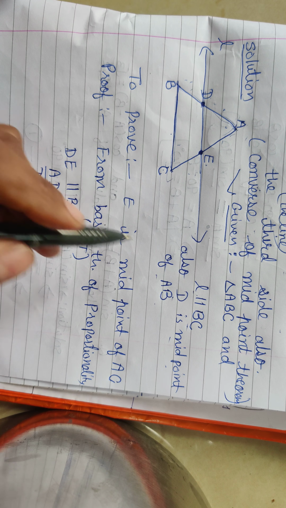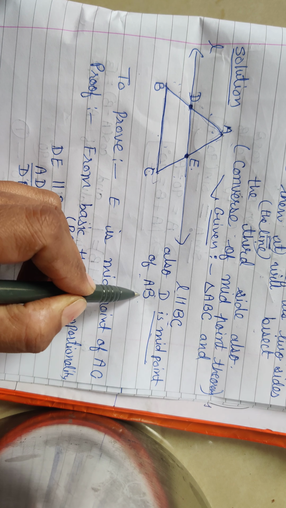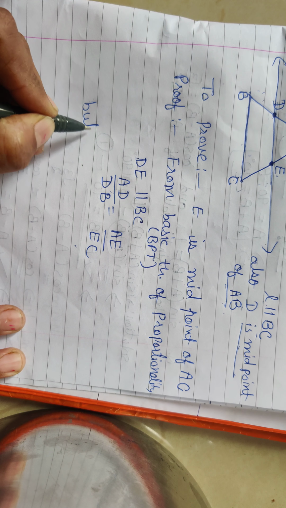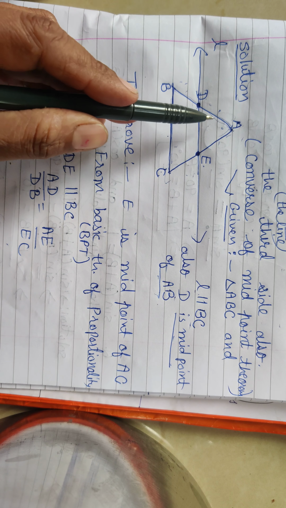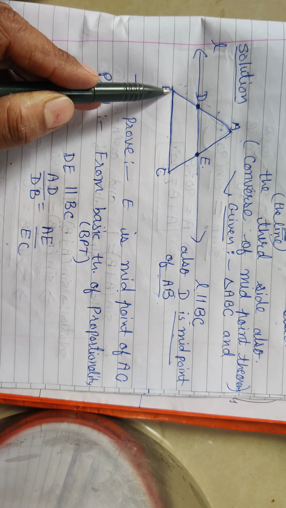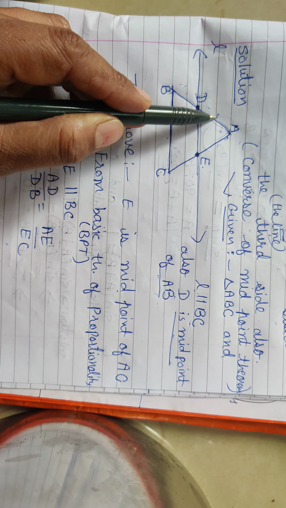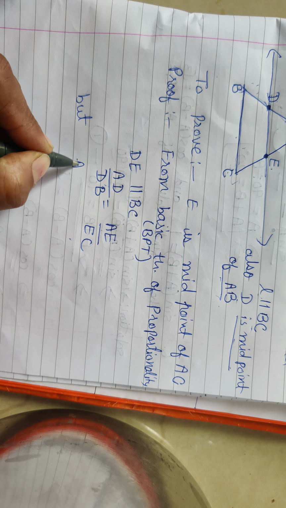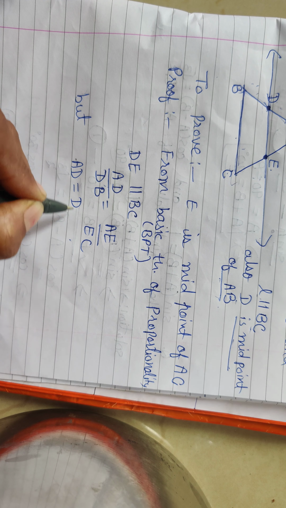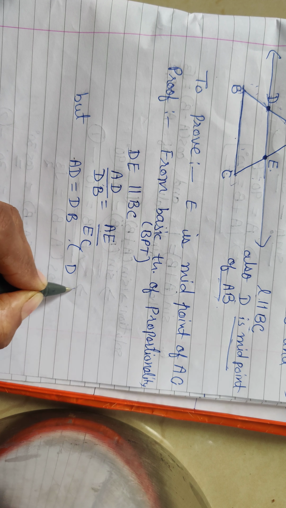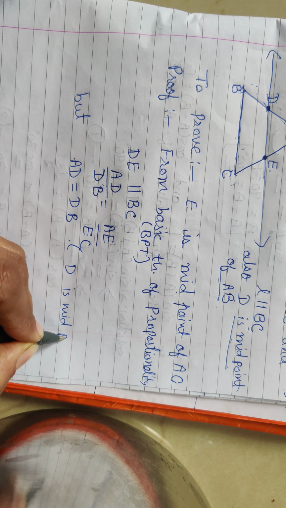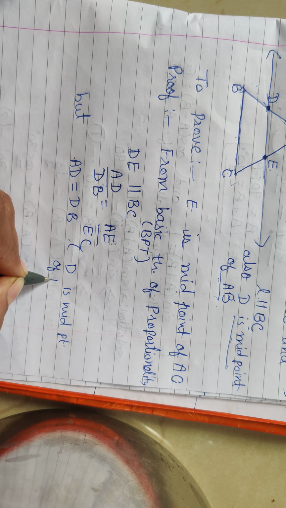But see, as D is the midpoint of AB, therefore as D is midpoint means AD and DB will be equal. Midpoint है तो the two parts will be equal. That means AD is equal to DB. Correct?